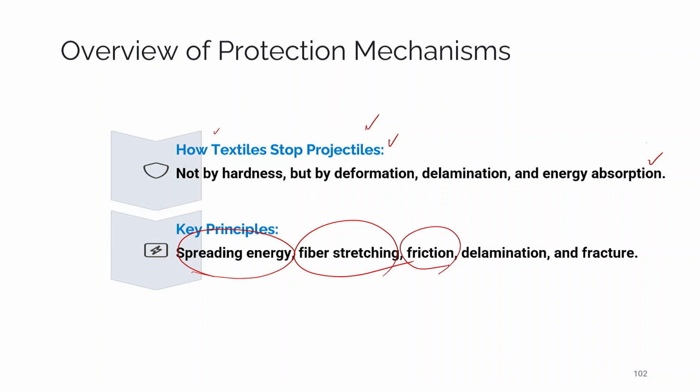Due to fiber-to-fiber friction, or yarn-to-yarn friction, it helps in spreading the energy over a larger area, also by delamination and by fracture. So, in every stage it absorbs the energy and dissipates the energy into a larger area.